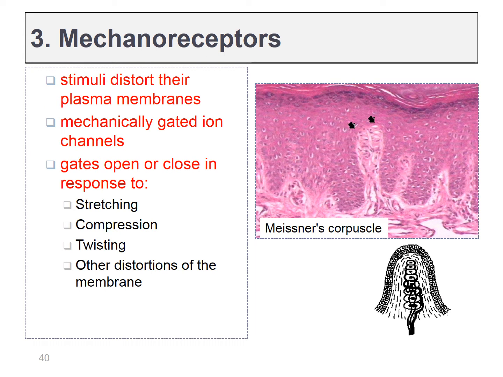Next up are the mechanoreceptors. These are neurons that can convert physical information into action potentials, or electrical information. Those physical changes may include stretching, pressure, twisting, or other physical distortions to membranes like the skin.